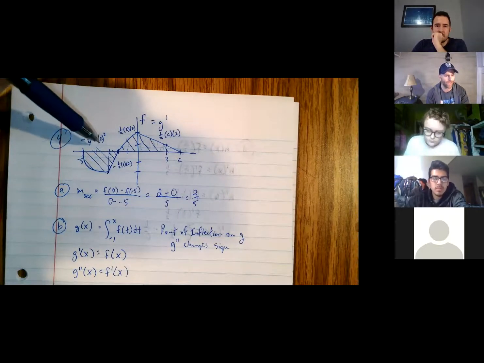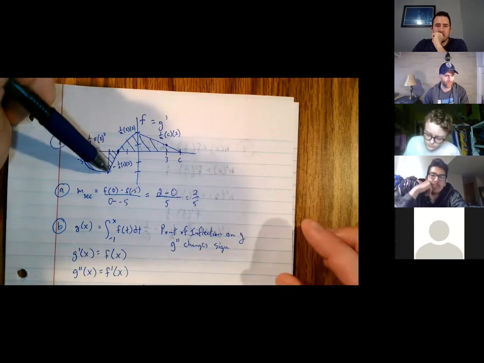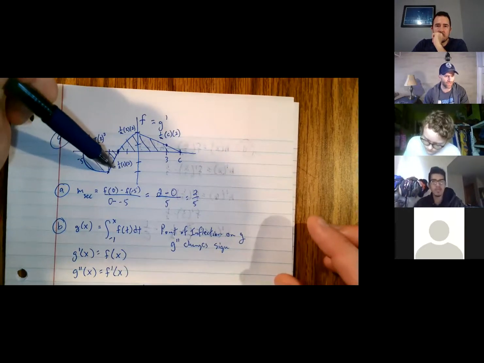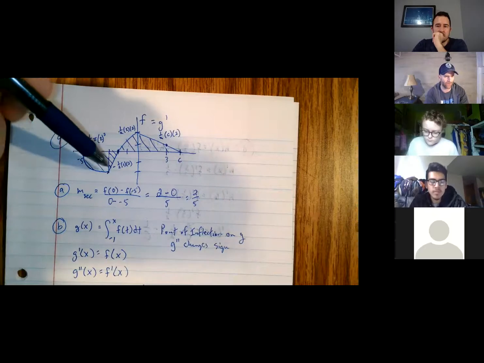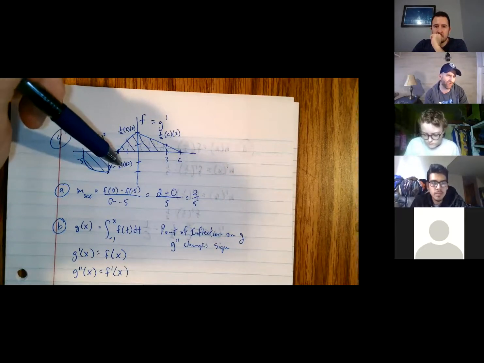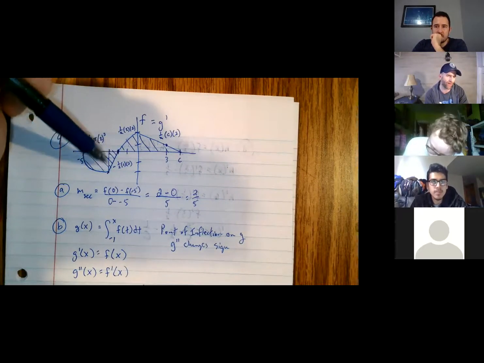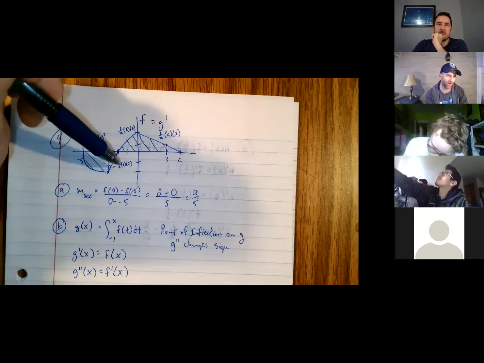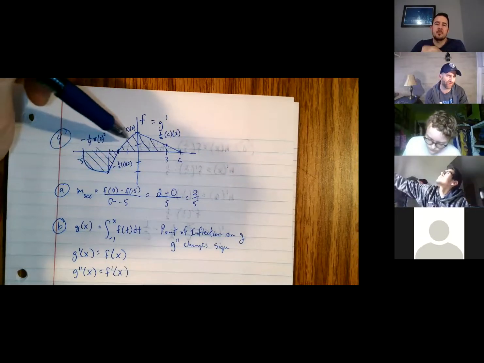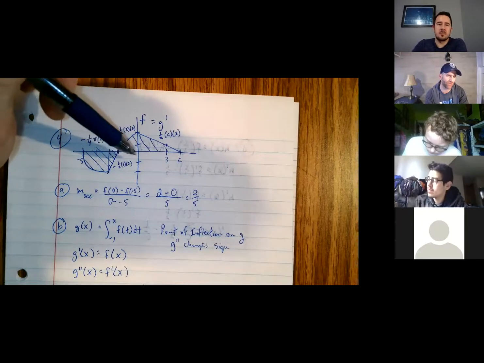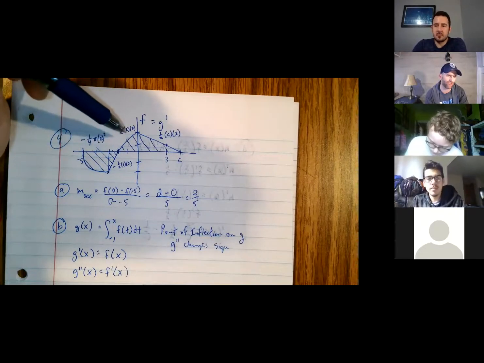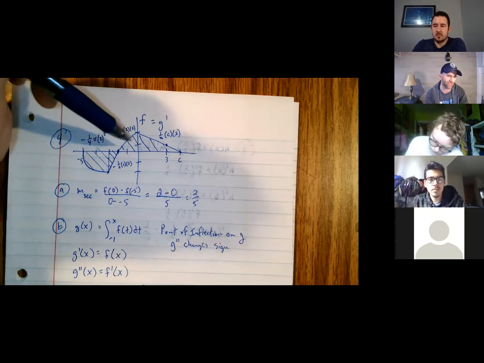Then I have this triangle, which is below the x-axis, so that's why it's negative, just like that one over there, is 1/2 of the base times the height. The base is 1, the height is 2, so 1/2 of 1 times 2. Then this triangle here is a 2 by 2 right triangle, so 1/2 of 2 times 2. Notice this is positive because it's above the x-axis.